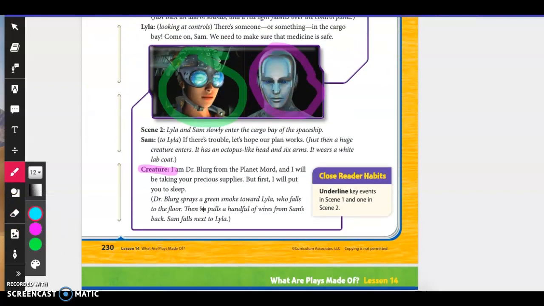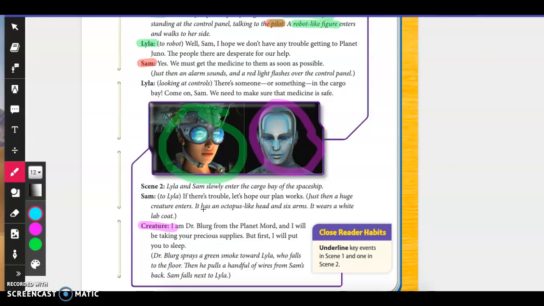Okay, let's take a look at the 2 most important events that happen in Scene 1 and Scene 2. So when Sam says, "We must get the medicine to them as soon as possible," just then an alarm sounds and a red light flashes over the control panel.